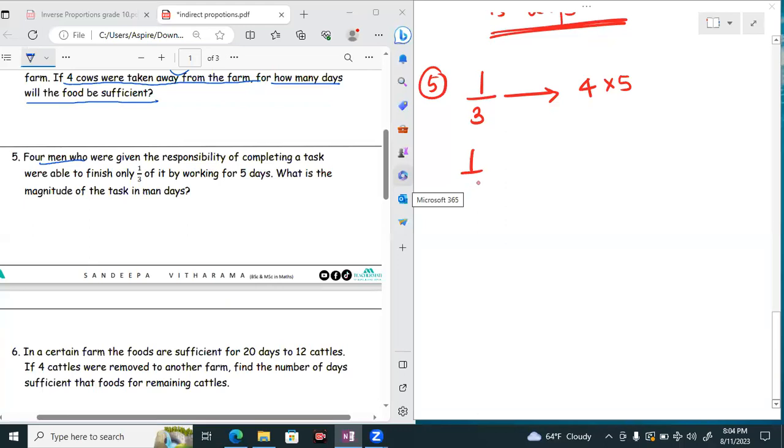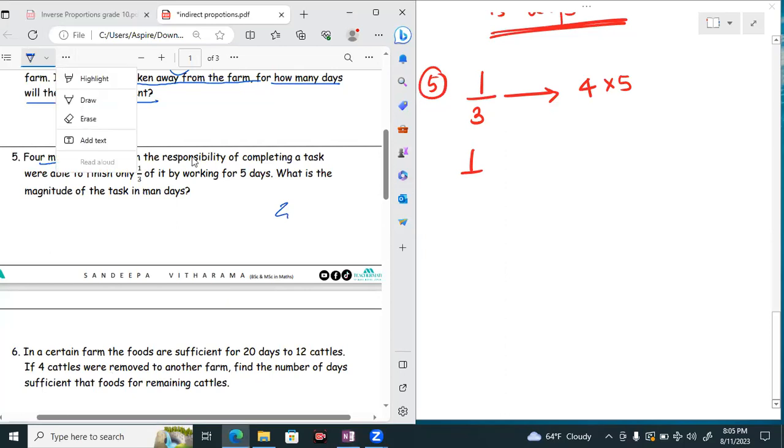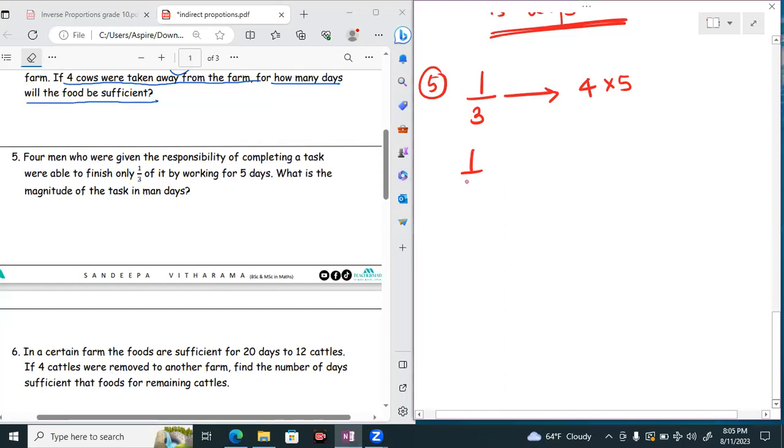Then 1/3 is equivalent to 20 man days. Okay, 1/3 is equivalent to 20 man days.